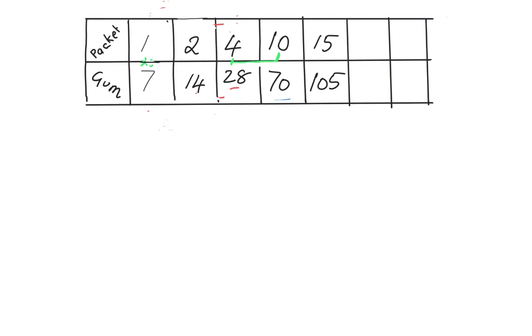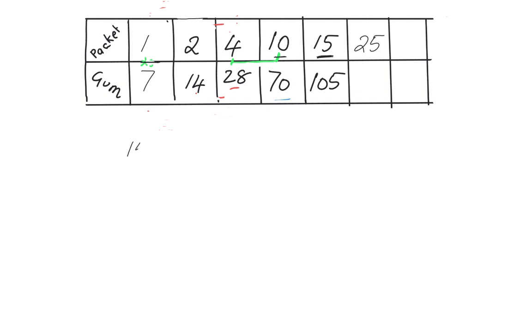Okay, let's step it up even more. What about if we had 25 packets? Here's what students came up with. We could say, we've got 15 packets of gum, and if we add another 10 to that, that gives us our 25.